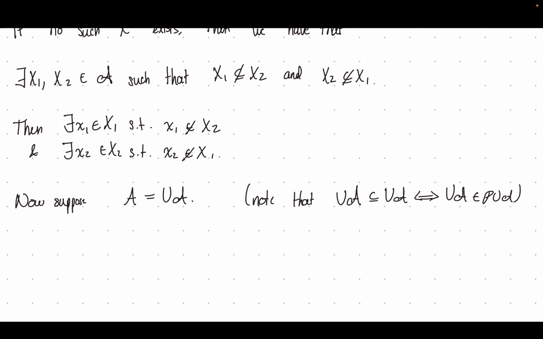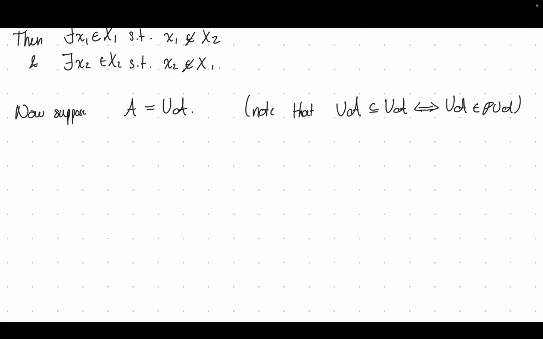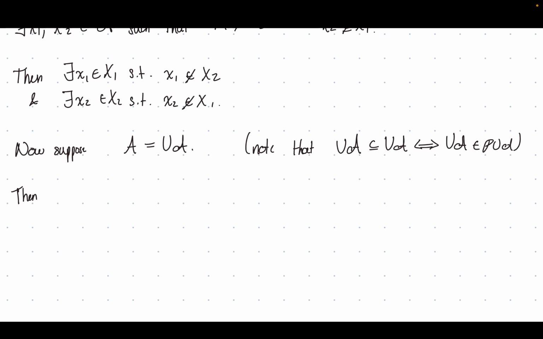If A is in fact the union of script A, then since x1 is in A, little x1 is in the union of A, and since x2 is in script A, then little x2 is in the union of script A. Right?